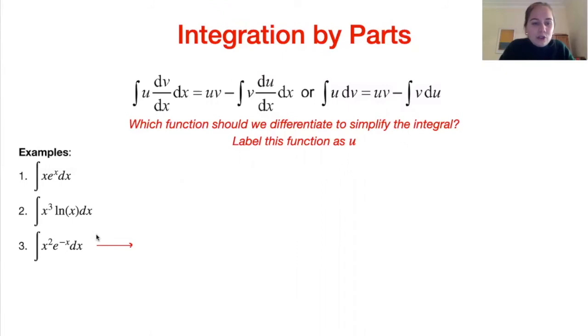So let's choose again u equal to the x term, x squared. Then in that case, we have the derivative of that, which is 2x, times the integral of e to the minus x, which is minus e to the minus x, dx.